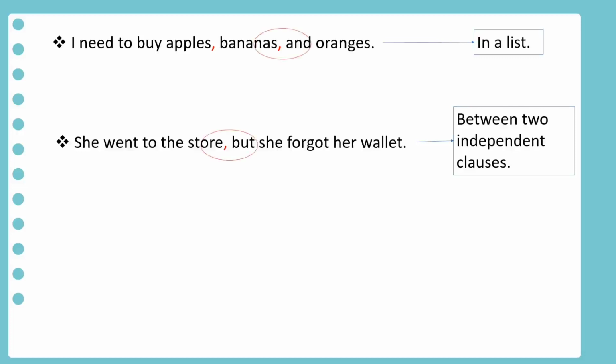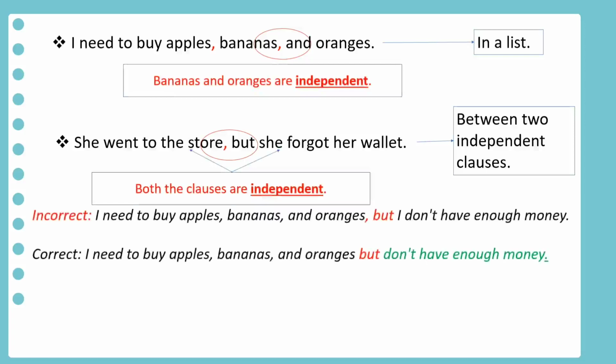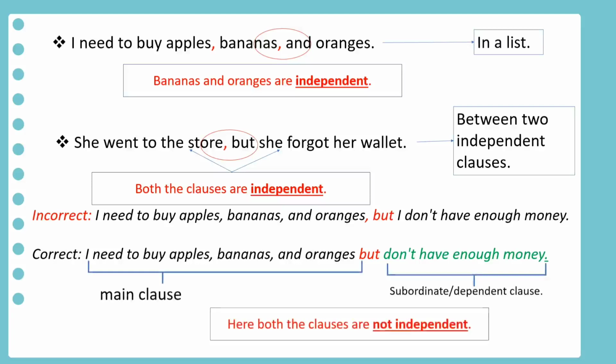Why is it so? Here the clauses are independent of each other, but in this case both the clauses in the sentence are not independent. This is the reason we do not use a comma before the word but.